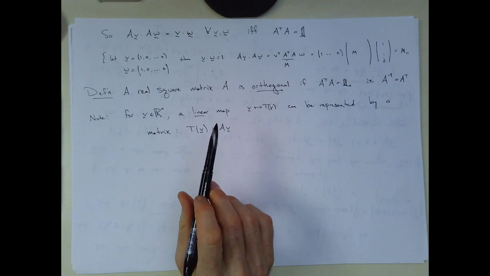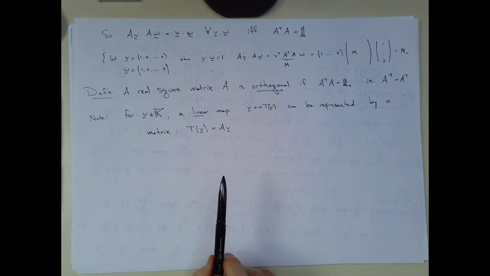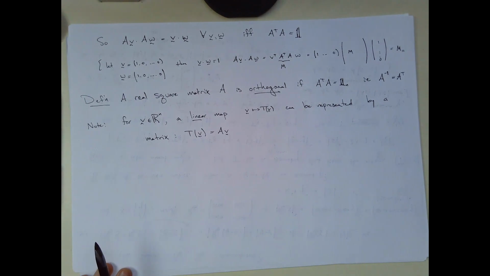What I'm getting at here is we might have isometries that are not multiplication by a matrix. If we're thinking of matrix multiplication, we require an orthogonal matrix.